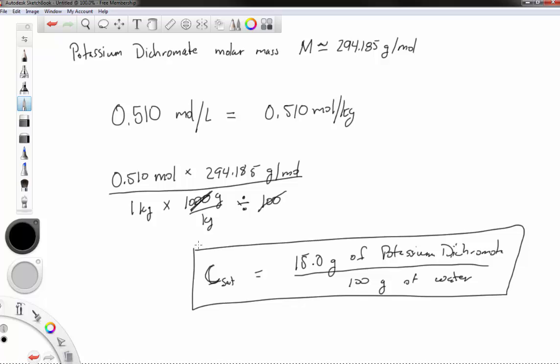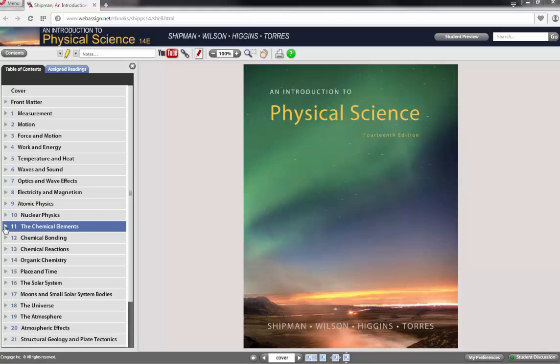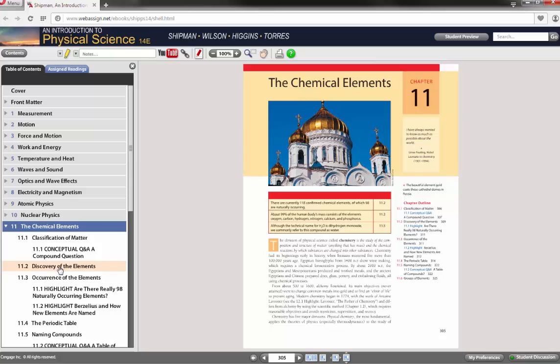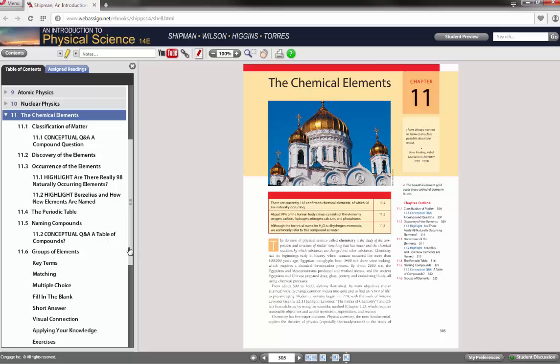And again, the reason why I'm having you put things in this form as opposed to moles per liter or even grams per liter, this is probably a more convenient looking unit. However, I'm having you do it this way because if you open up your textbook, you will see that if we look under the chapter for the chemical elements, you can find a chart in here that has to do with the solubility, and it should be on page 308.